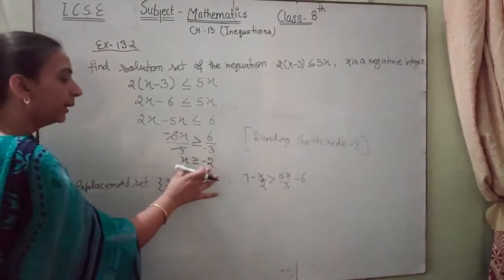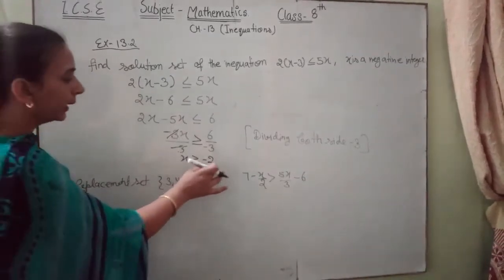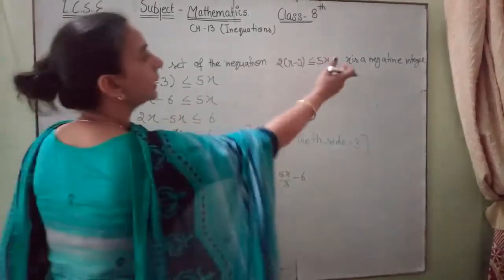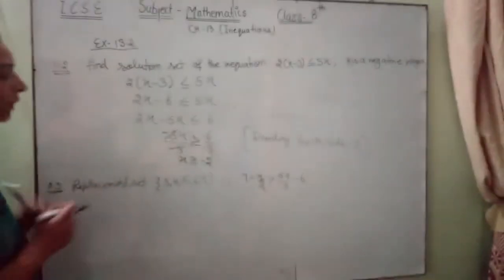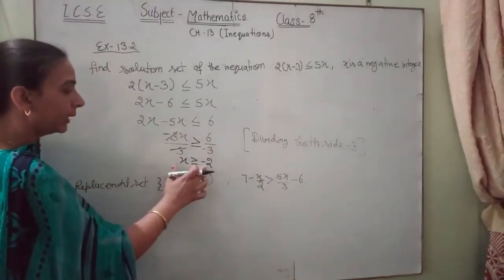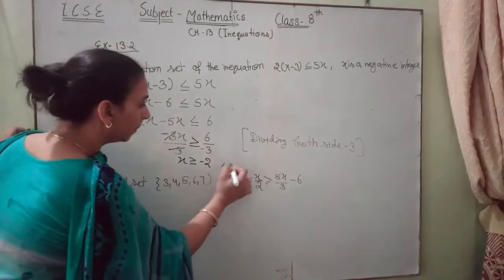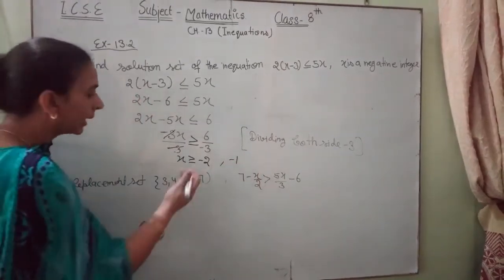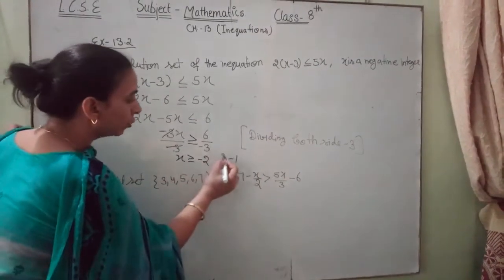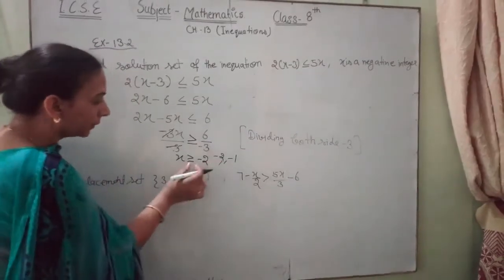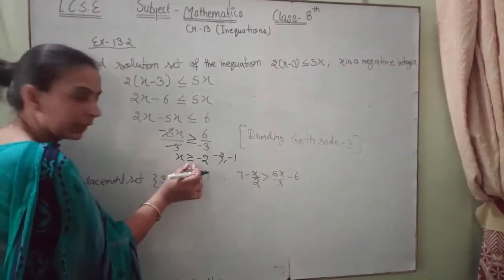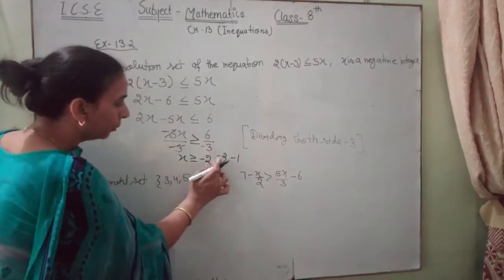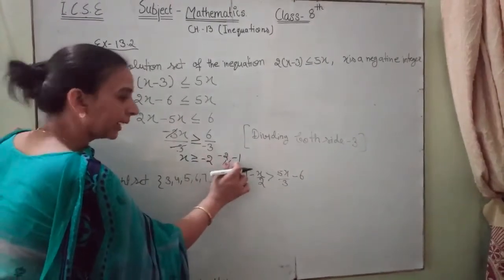We take only those numbers greater than or equal to minus 2, and x is a negative integer. Minus 2, then greater than minus 2 is an integer, minus 1. We also take minus 2, because it is a negative integer and there is an equal sign, so we take minus 2. Greater than this is minus 1.